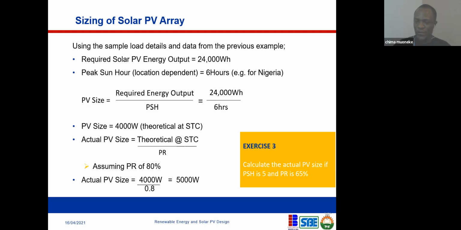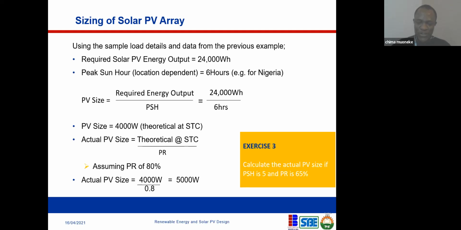So for example, if your PV module is 12 volts, and you're using a battery of 24 volts, what that means is that you need to connect two of those PV modules in series. Okay, so 12 plus 12 will give you 24, right?